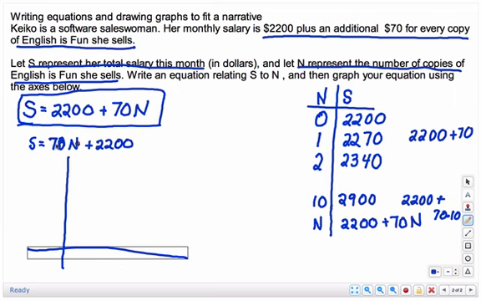So now the salary depends on how many books are sold. So we put our independent variable N here and the salary here. Now a lot of times these values are going to be already determined on your graph that you're using in ALEKS. So make sure you're paying attention to the values on here.